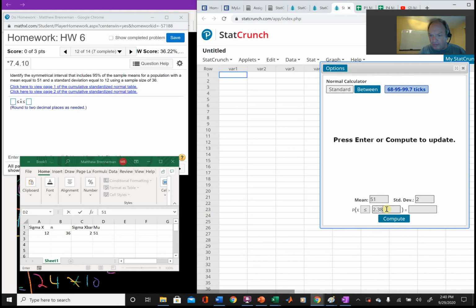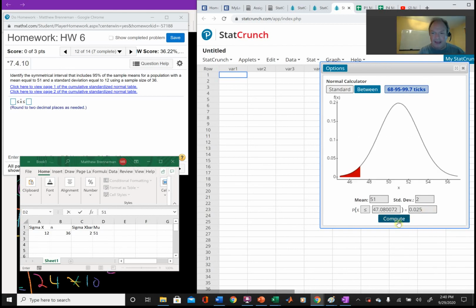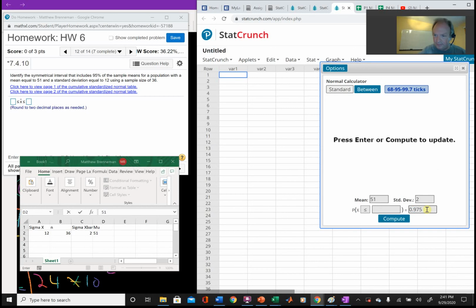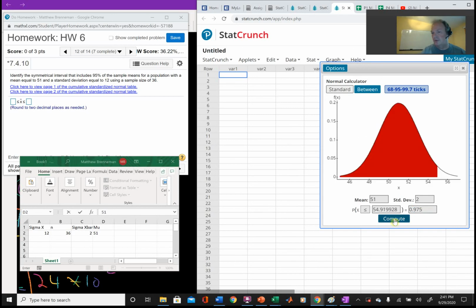And I want to find the value such that there's 2.5% in the left-hand tail of the lower value. So this is my answer here. And then I want there to be 97.5% in the other tail. Okay?